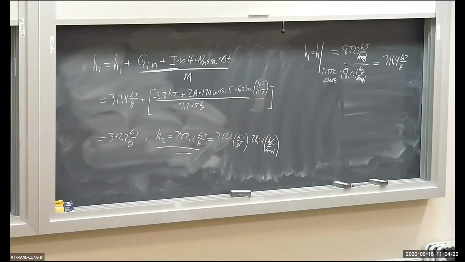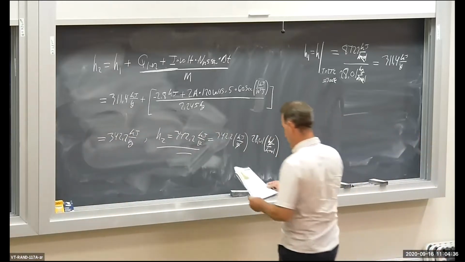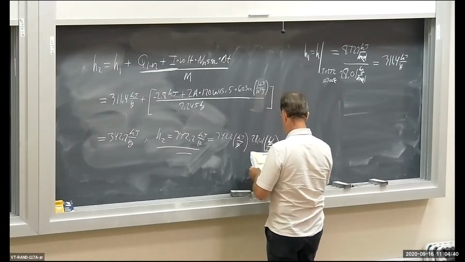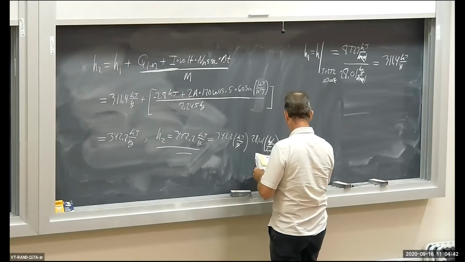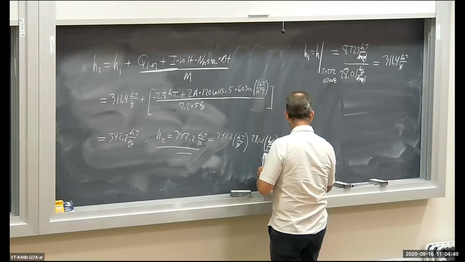So H bar at state 2 is 9,586.4 kilojoule per kilomole.